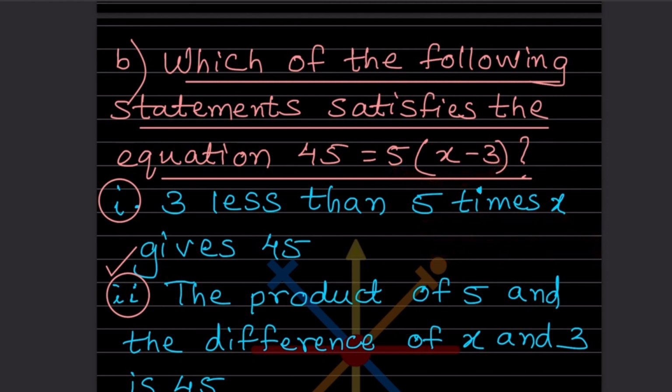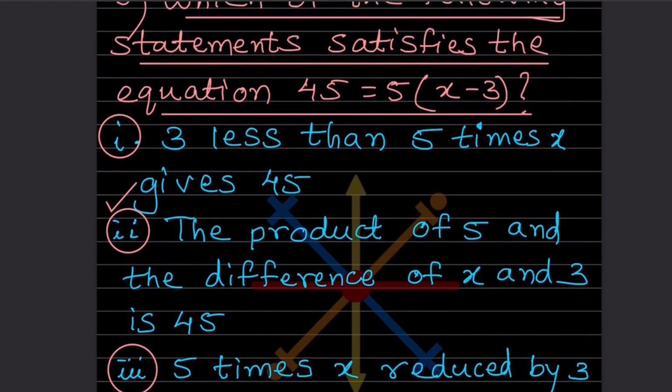The product of 5 and the difference of x and 3 is 45. The difference of x and 3 will be x minus 3. Product means you are going to multiply this by 5. So 5 into x minus 3 is 45, meaning is equal to 45. Here the 45 is given at the start.